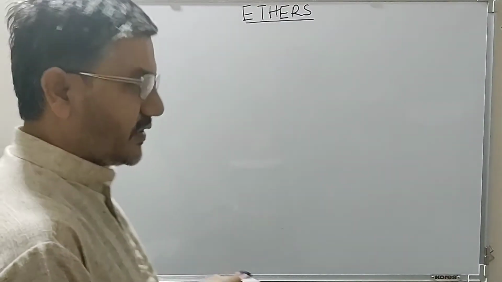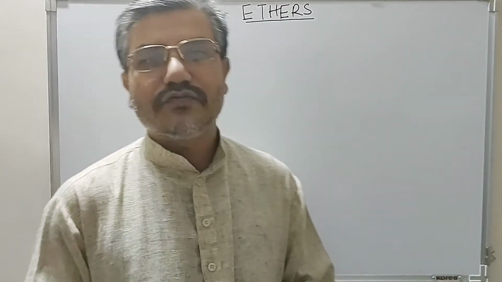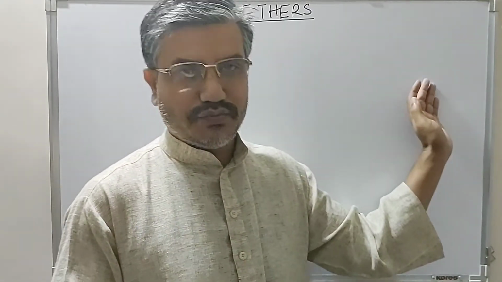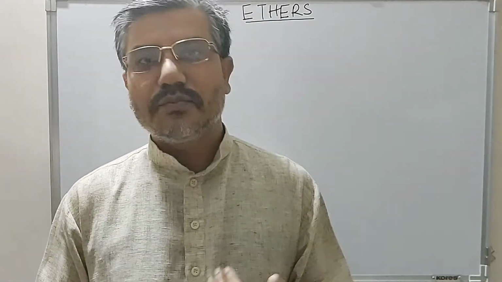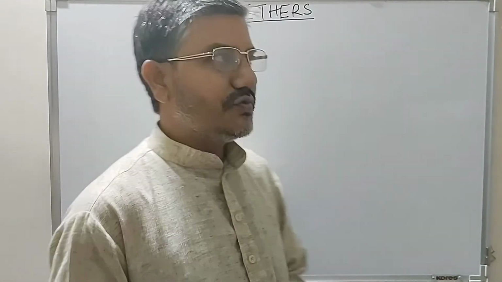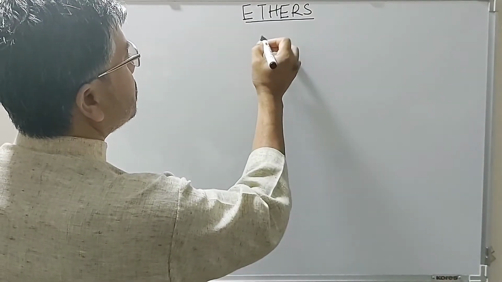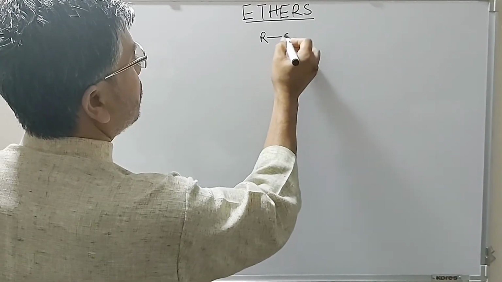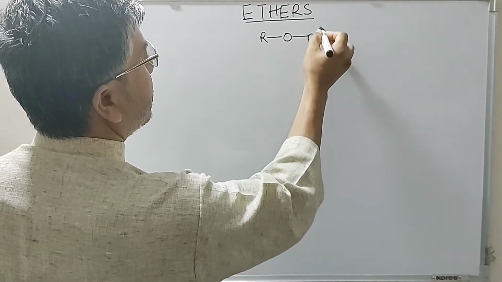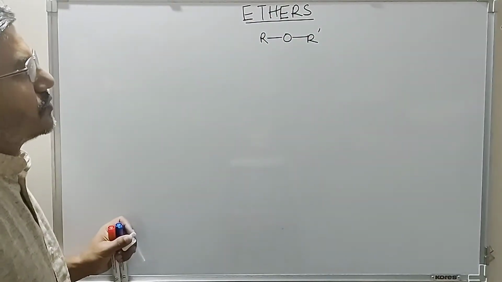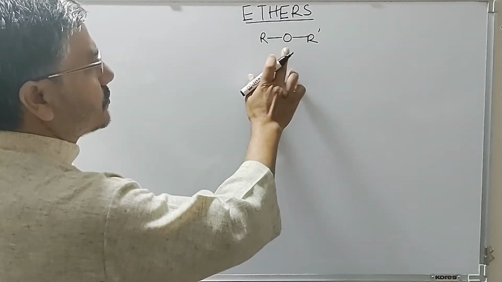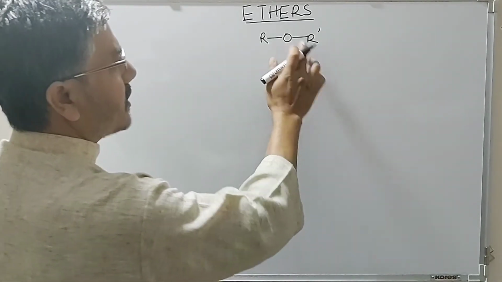First of all, let's define the functional group of ethers, or the ethereal group. Any organic compound in which oxygen is bonded to two carbon atoms, so we have compounds of type ROR prime, a carbon, oxygen, carbon group.